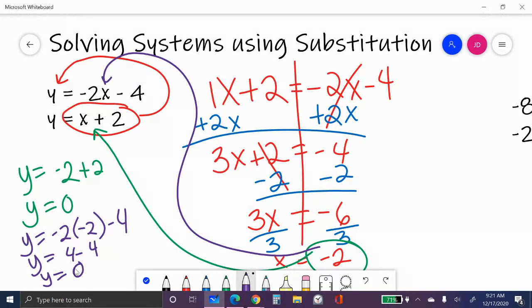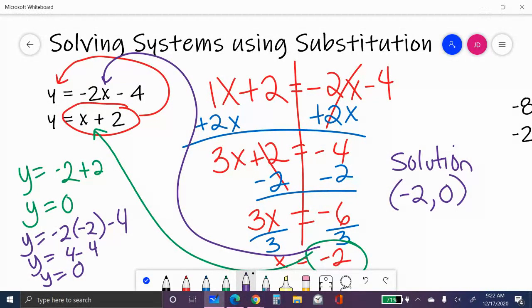Y is 0. So the answer to my system, the point of intersection of my system, the solution is negative 2, 0.